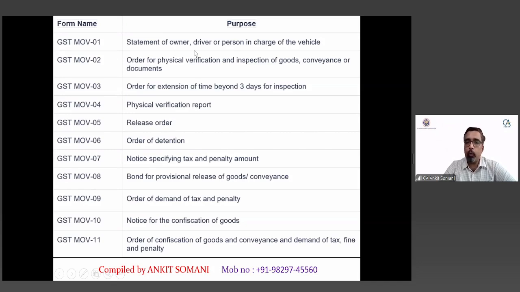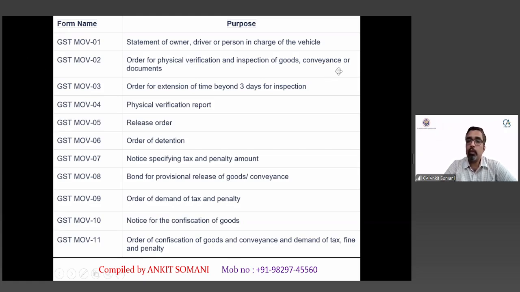MOV-01, statement of owner, driver, or person in charge of the vehicle. Now, this MOV-01 is very important, whereby the officer clearly mentions what statement the driver or the person in charge of the vehicle is offering to the department.